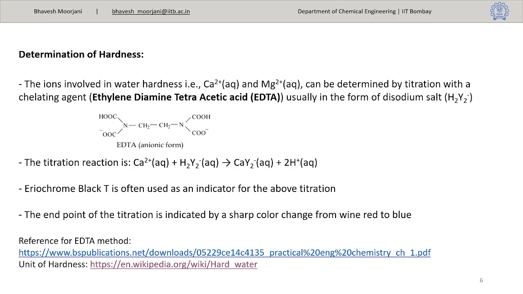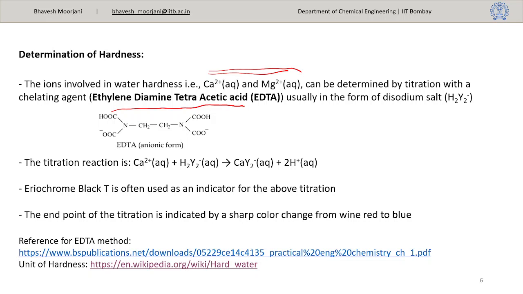So how to determine the hardness? For that there is the EDTA titration method. EDTA full form is ethylene diamine tetraacetic acid. So what it will do is, the Ca+2 and Mg+2 hardness present in our system can be determined by titrating with this chelating agent EDTA. So usually you can represent EDTA as H2Y2 minus.